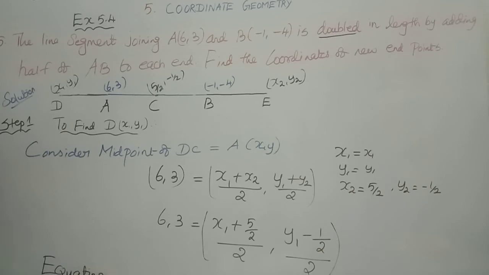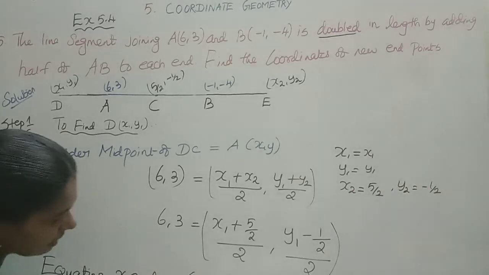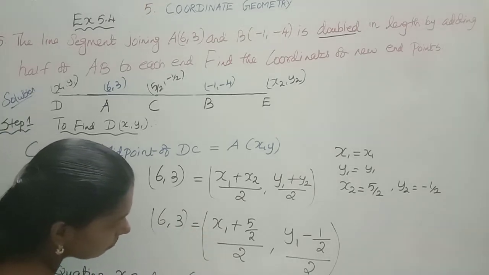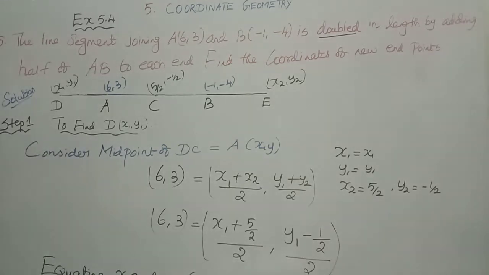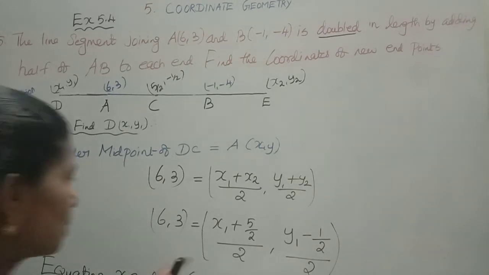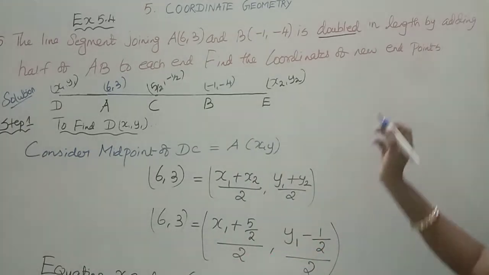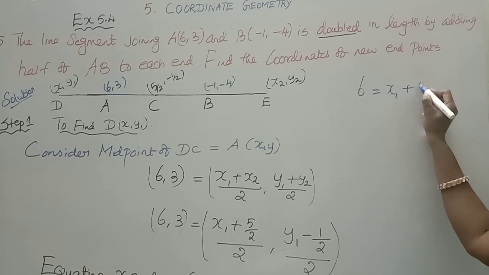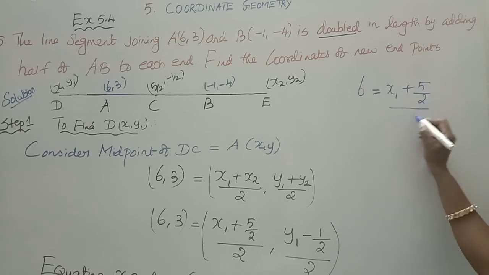Equating x and y coordinates. First, what is the x coordinate? 6 is equal to x1 plus 5 by 2, by 2.